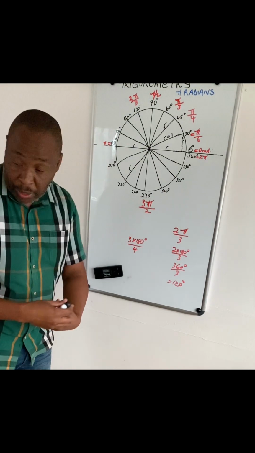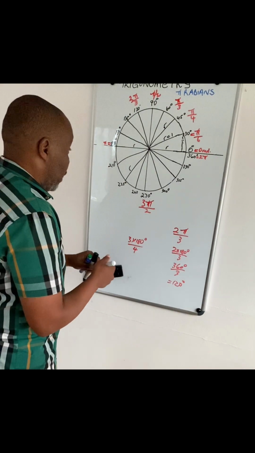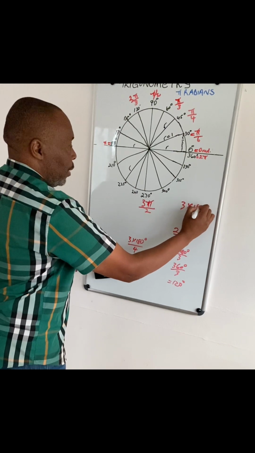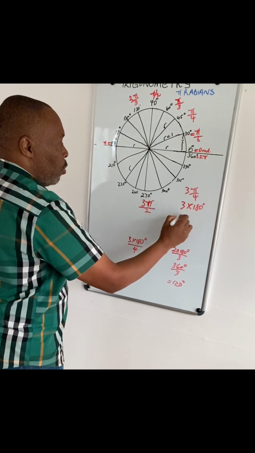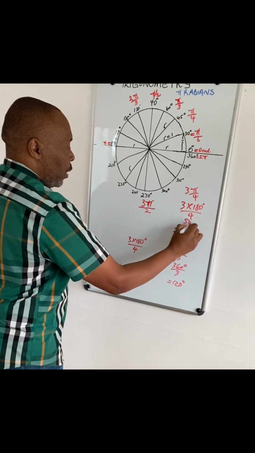Yes, 3 pi, 180 divided by 4. So it's 3 times 180 degrees. This is 3 pi over 4, and we divide this by 4. It gives us 540 here.